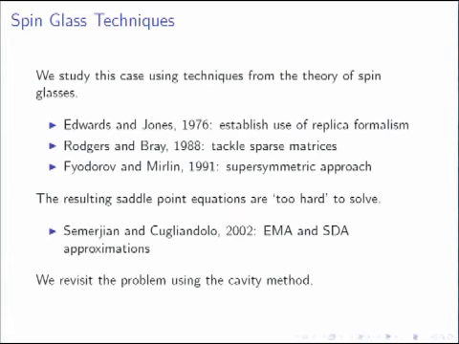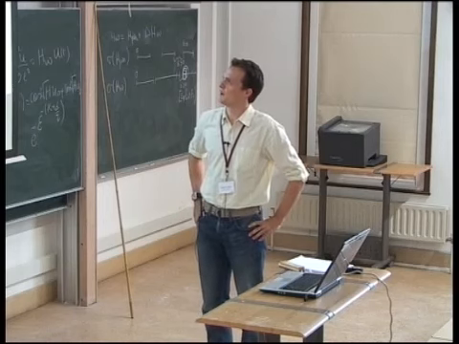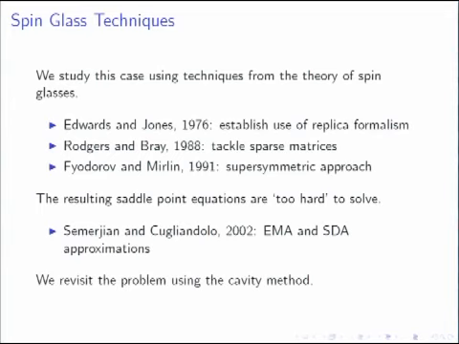We study this case using techniques from the theory of spin glasses. This is by no means a comprehensive review, just some of the major works in the field. Edwards and Jones showed how to push this problem into one that could be phrased in the language of statistical mechanics. Rogers and Bray actually did consider sparse matrices, and also there's the supersymmetric approach.